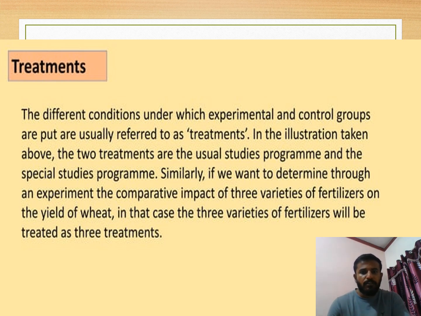The different conditions under which the experimental and control groups are put are usually referred to as treatments. In the illustration taken above, the two treatments are the usual studies program and the special studies program. Similarly, we may want to determine through an experiment the comparative impact of three varieties of fertilizers.